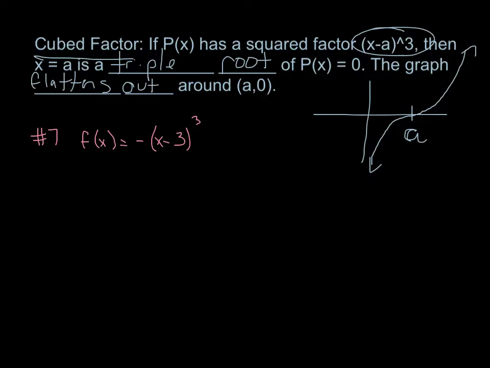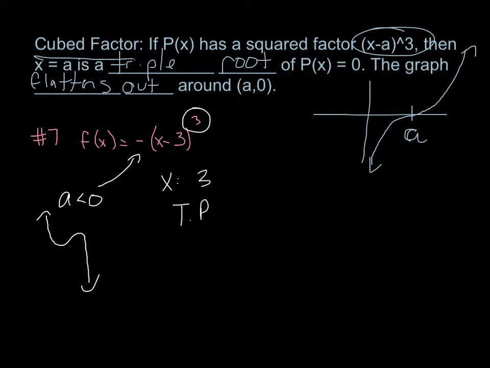It finishes down. So let's try this one. Now here, a is negative, so it's smaller than 0. It's a cubic equation, so it's going to start up and finish down. But remember, we've got a triple root at x equals 3. Call that a TR this time. You can put triple root if you want to.